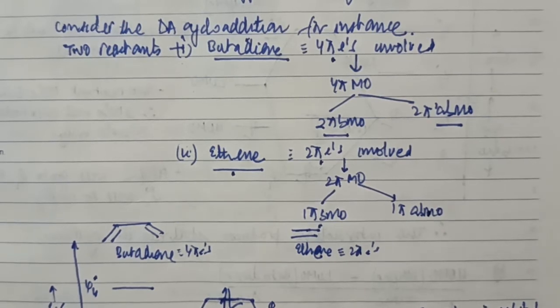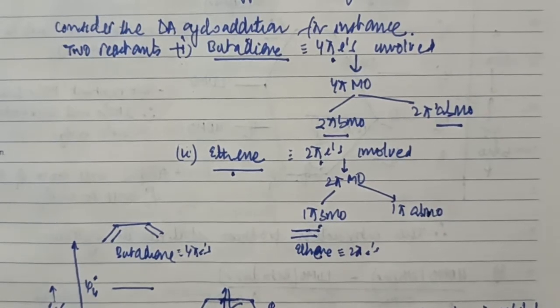Now, the FMO approach is different from the OCD approach, in that in the case of the OCD approach, we've drawn the reactant molecular orbitals of both the reactants. If you remember the OCD approach for cycloaddition reactions, in the case of the Diels-Alder cycloaddition reaction, we've drawn the 6 molecular orbitals corresponding to the reactant system, 4 corresponding to butadiene and 2 corresponding to ethene.